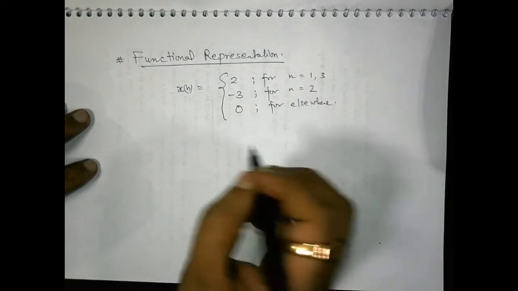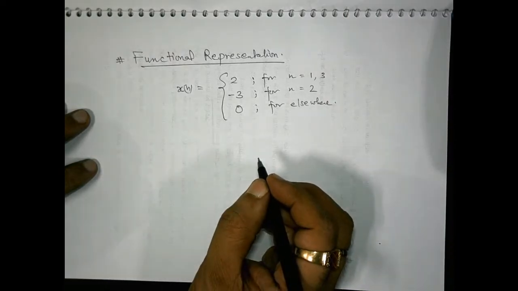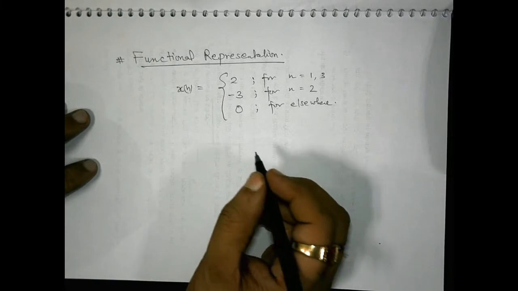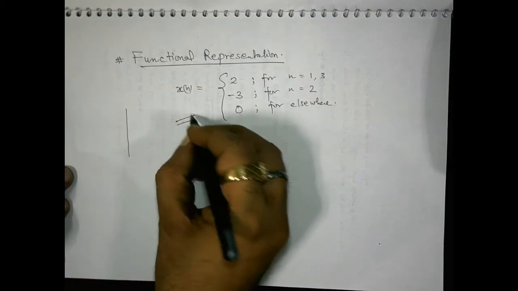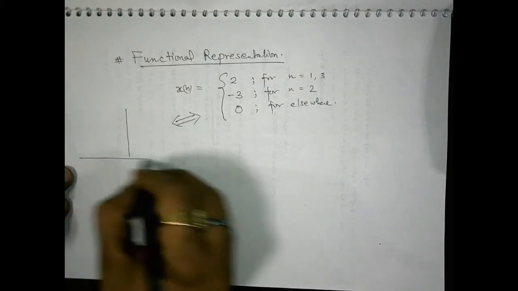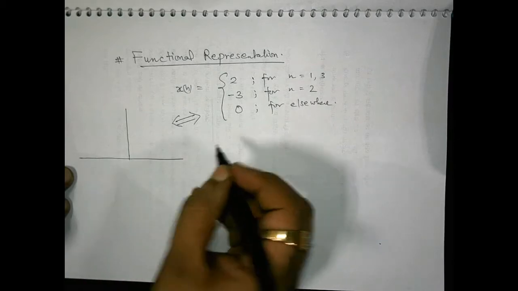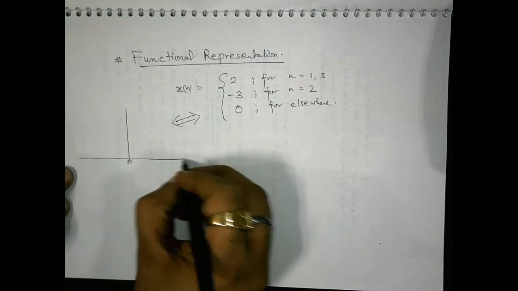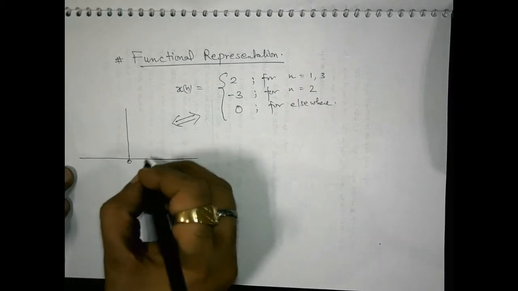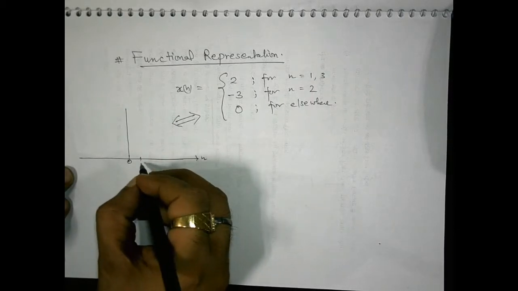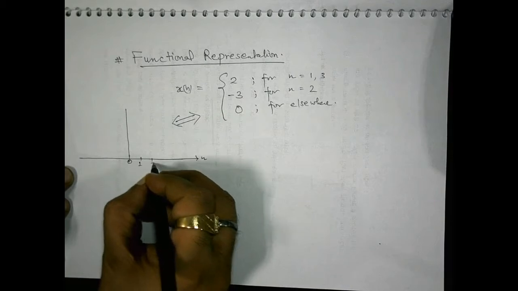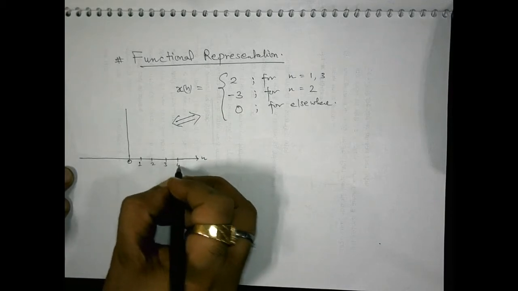So this is also one of the popular forms to represent a signal, and if we wish to draw the graphical equivalent of this, we can very easily draw it. You simply put the integer index, that is n, on the x-axis. So this is 0, 1, 2, 3, 4, 5 and so on.